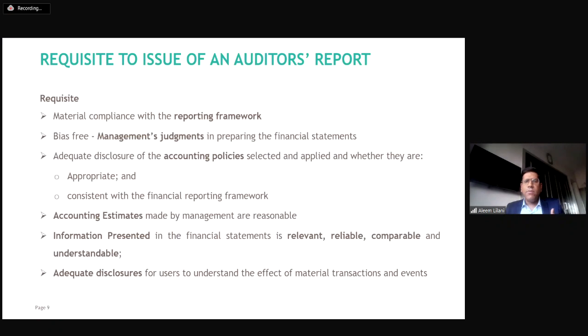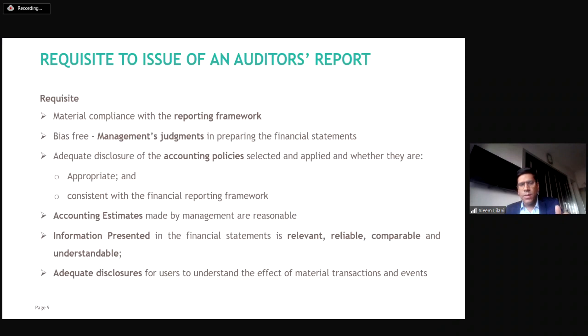So I have no other responsibility further. So as auditors, it's our job to see, is the matter presented relevant for the users? Is it reliable? Is it comparable? Because there may be a similar standing last year, which has changed this year. It needs to bring out that correlation.